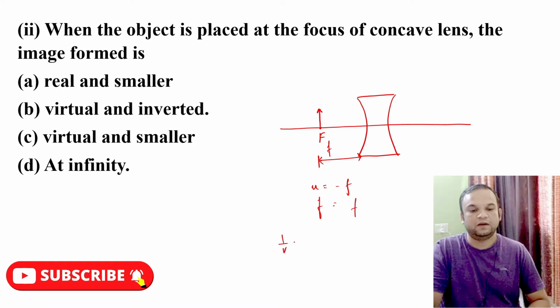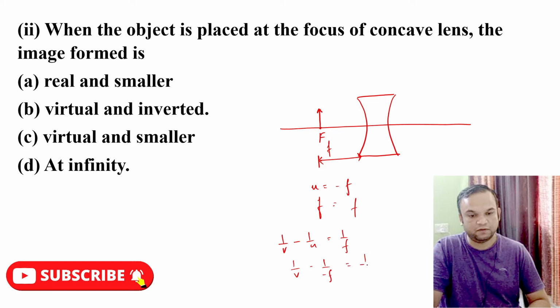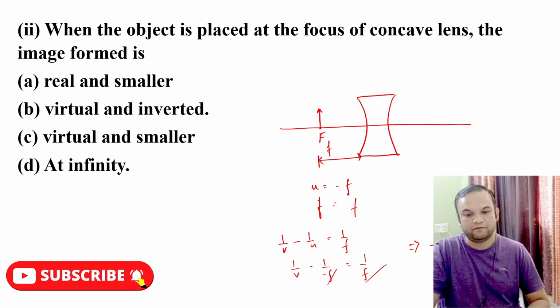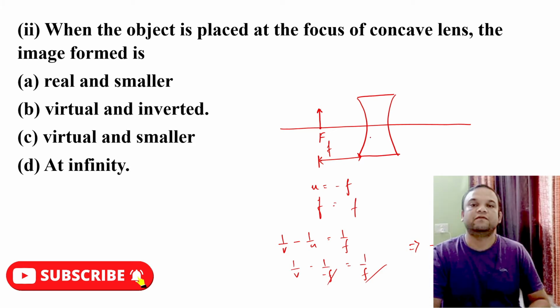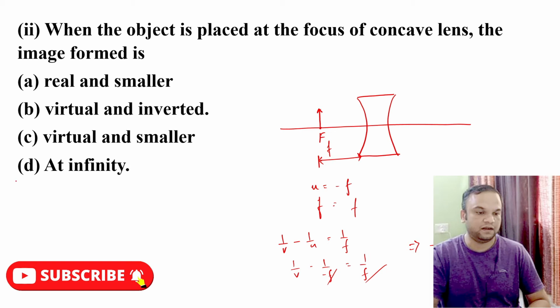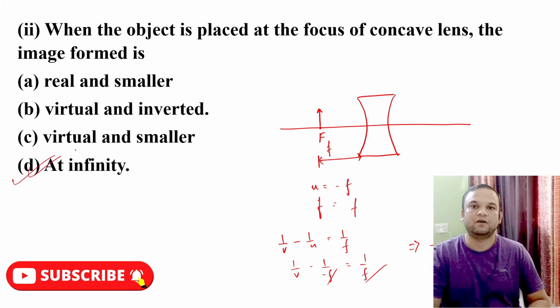According to the lens formula, 1 upon v minus 1 upon u is equal to 1 upon f. Now we will put the values. 1 upon v minus 1 upon minus f is equal to 1 upon f, and on this basis 1 upon v will be 0 and v will be infinity. So that is why we can say that the image will be formed at infinity, and the answer for this question will be option D.